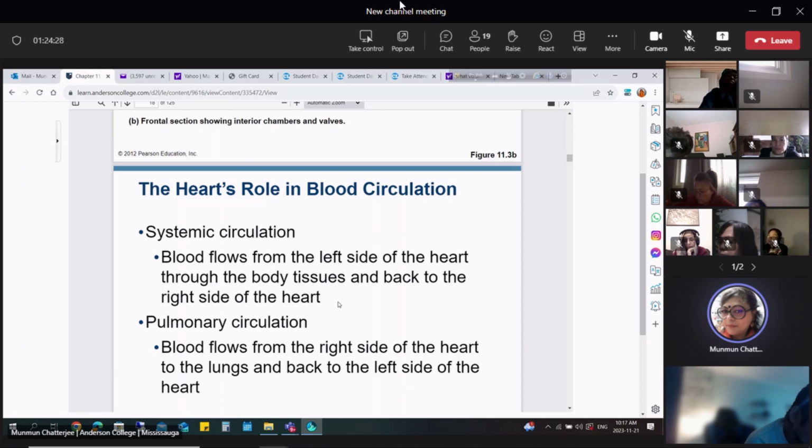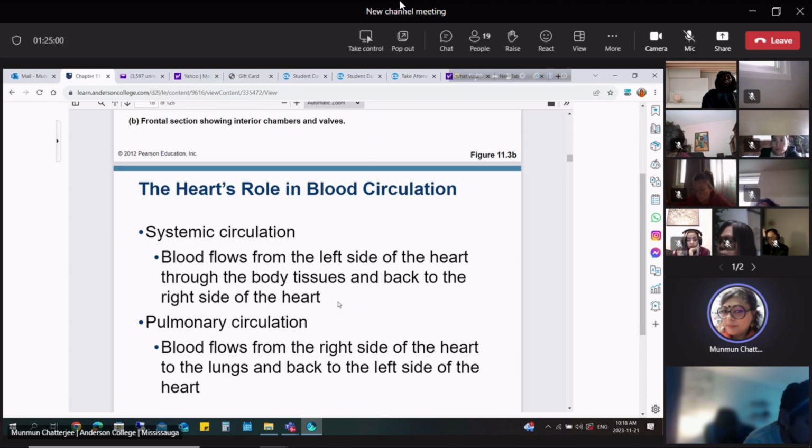The right ventricle then sends the blood to the lung through the pulmonary artery. Only the pulmonary artery, note it down, carries the deoxygenated blood. In general, all the arteries carry the oxygenated blood and all the veins carry the deoxygenated blood. We are going to discuss it again, but from the right ventricle, blood goes to the lung.